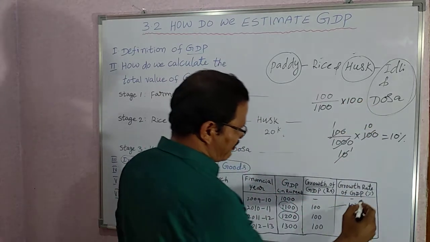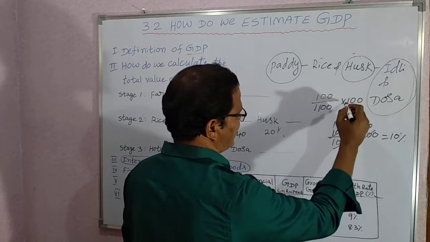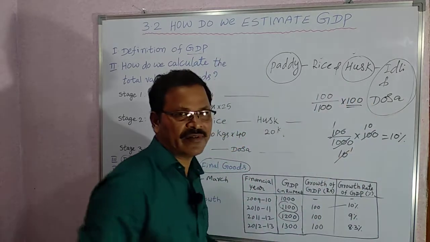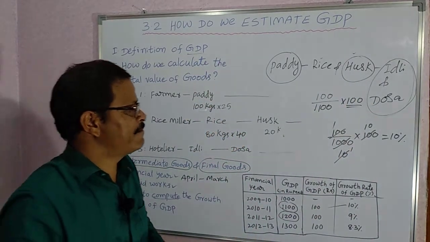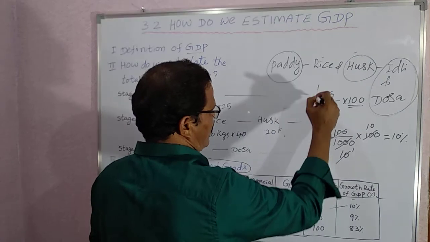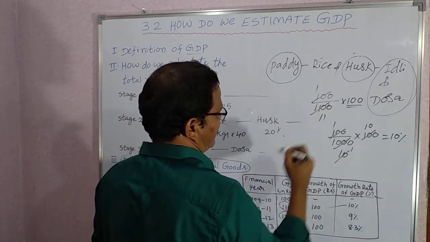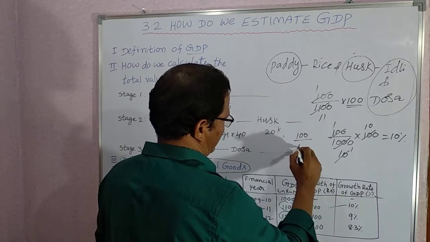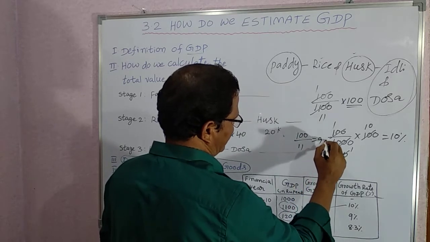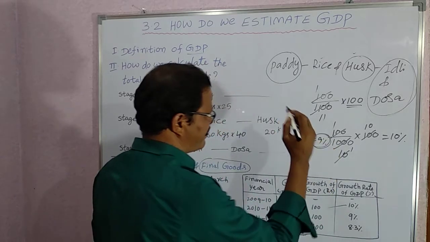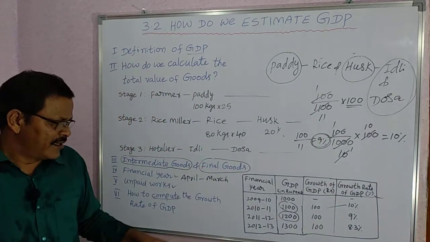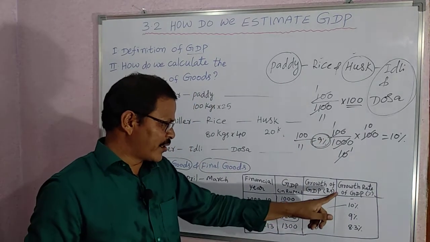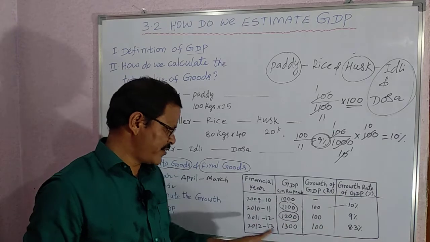We are calculating in percentage, so we multiply with 100. 100 by 11 is nearly 9%. That is the growth rate of GDP.